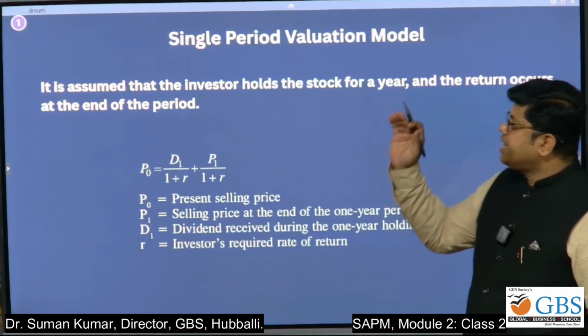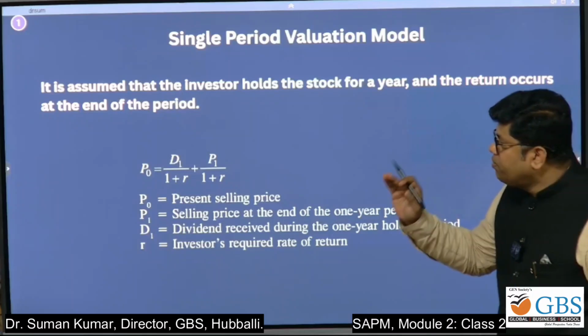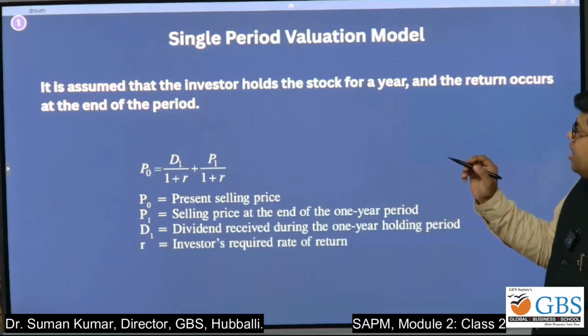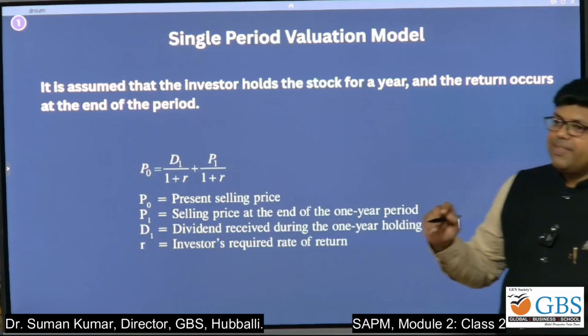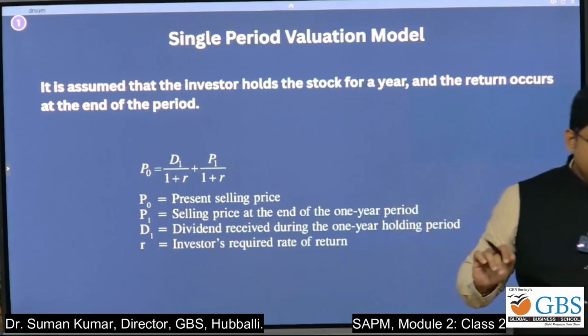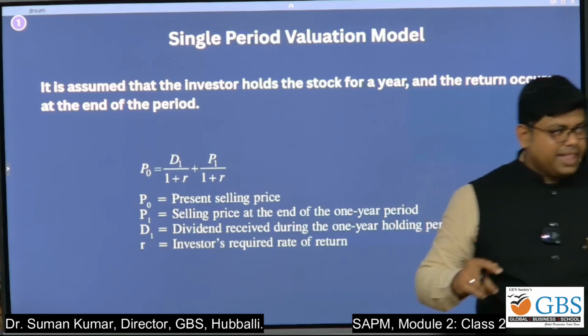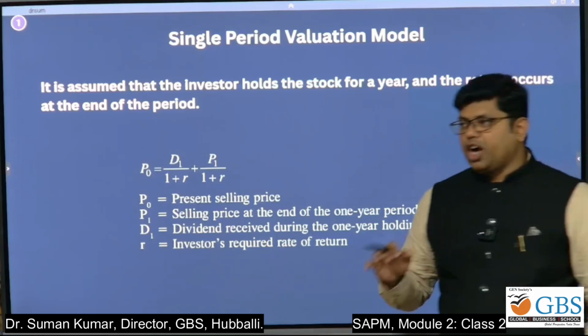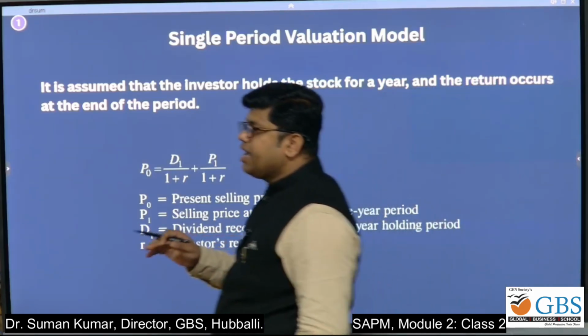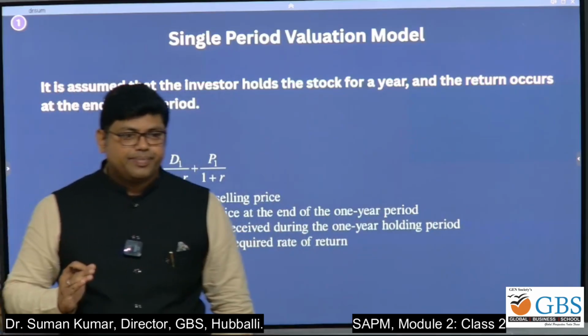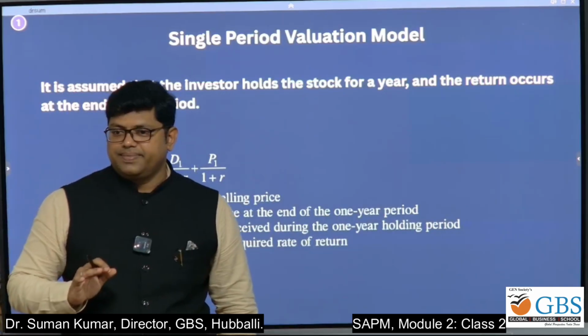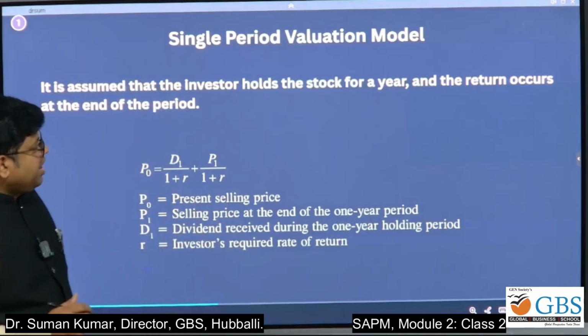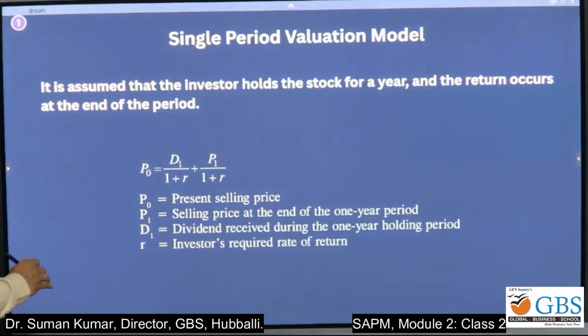So what does it assume? It is assumed that the investor holds the stock for only a year. You use this model when the investor holds a stock or a share for only 1 year. And the return occurs at the end of the period.